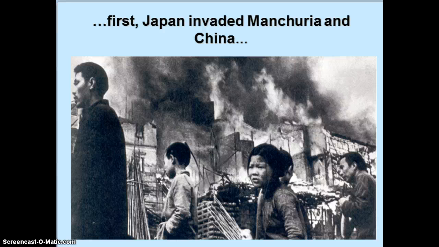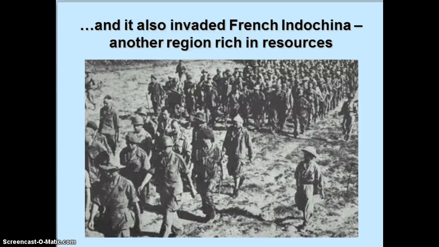First, Japan invades Manchuria and China and starts to conquer that territory, because remember, the goal of the Axis powers is to take over the whole world. It also invades French Indochina, which is present-day Vietnam, another region rich in resources. Japan is an island nation and does not have many natural resources, so they need to take over other lands in order to gain those natural resources.